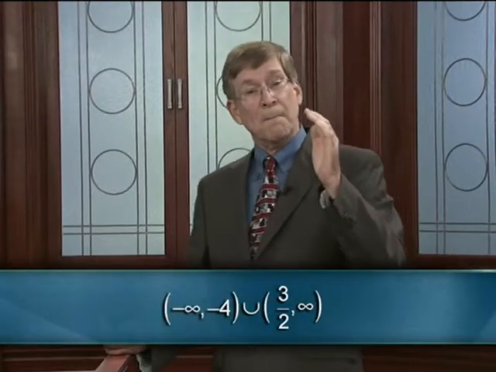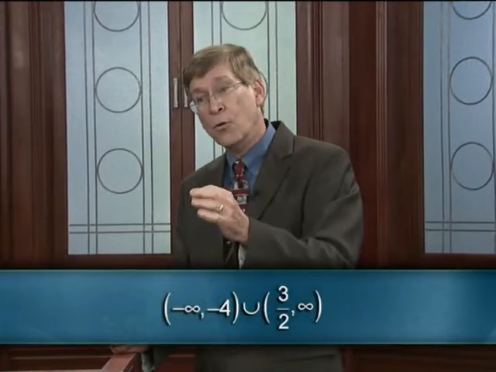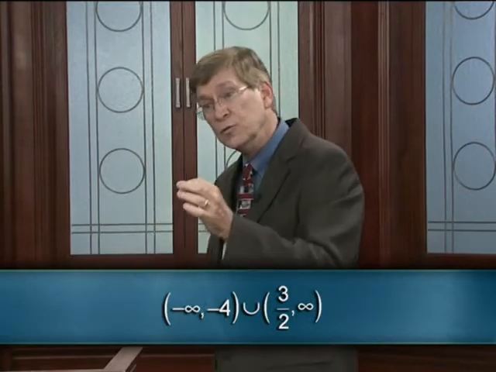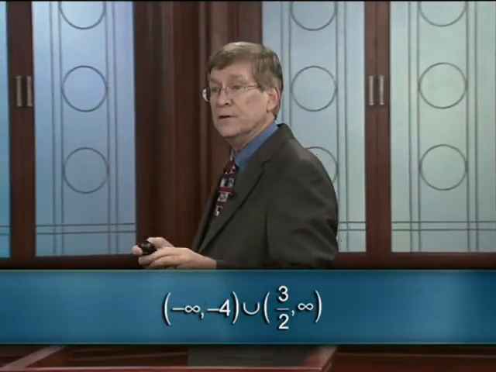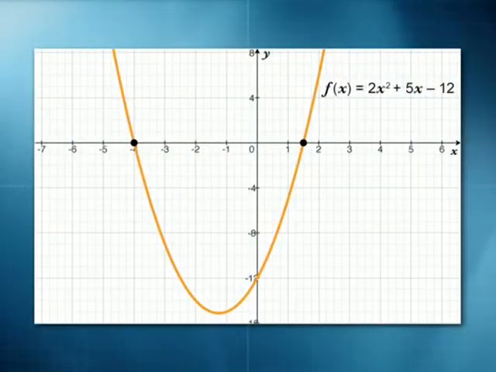The solution is, in interval notation, minus infinity to minus 4, open interval, union 3/2 to infinity. By the way, here's a picture of that polynomial. It's slightly below the x-axis, and you can see that it's positive on the left of minus 4 and on the right of 3/2. Kind of interesting how we could solve that without looking at the picture, using our ideas of intervals.